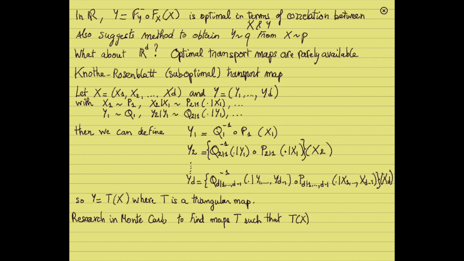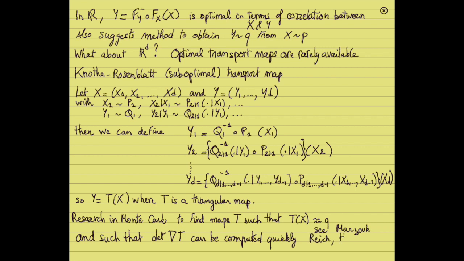And so there's extensive research in Monte Carlo to find maps T that are available and such that T of x roughly or exactly follows Q when x follows P. And also such that the determinant of the Jacobian is computed quickly, because that's going to be useful for the change of variable formula or for computing weights associated with those samples. You can see in the lecture notes reference to work by Marzouk, Reich, Heng, and Tabak, for example, which are very interesting works on this kind of Monte Carlo problem.